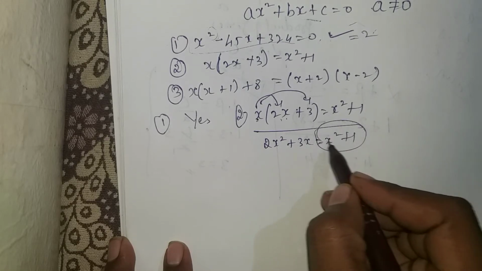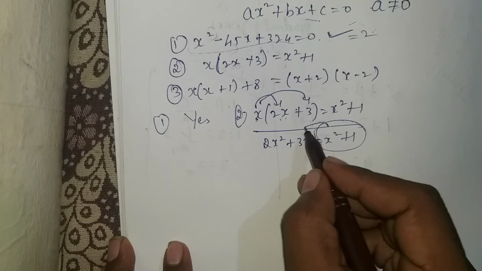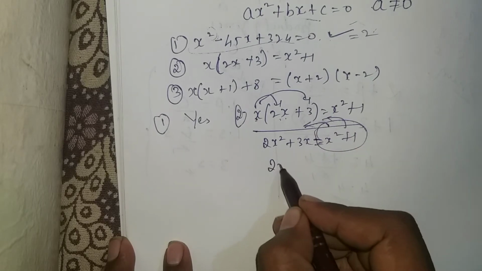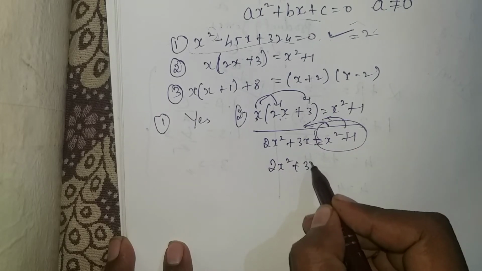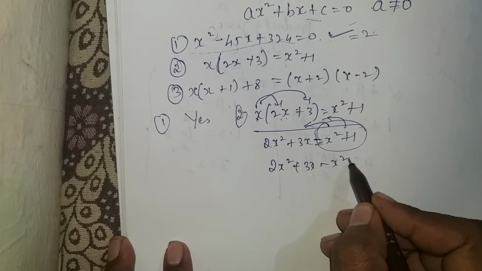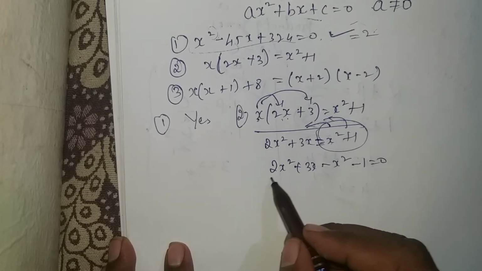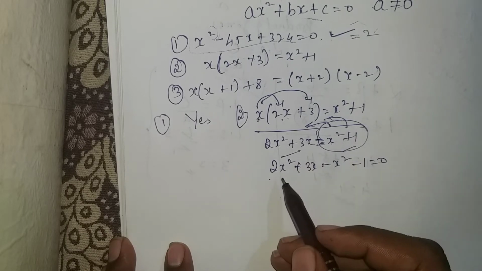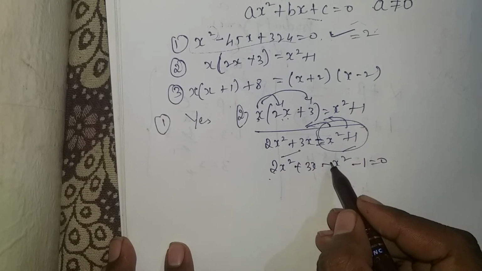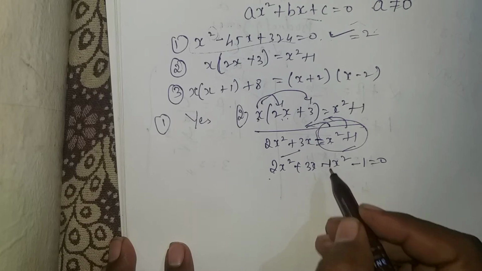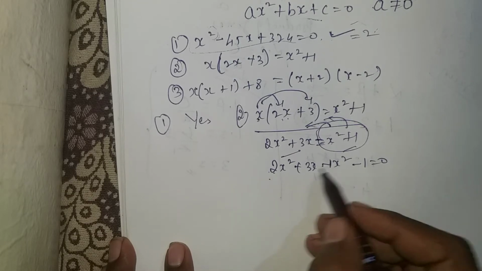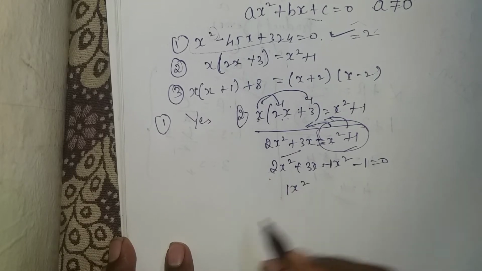Whatever I have in RHS, I'll send to LHS: 2x square plus 3x minus 6x minus x square minus 1 is equal to 0. The x square terms are like terms, so I can combine them. If nothing is there, I consider it as 1. So 2 minus 1 is 1x square.